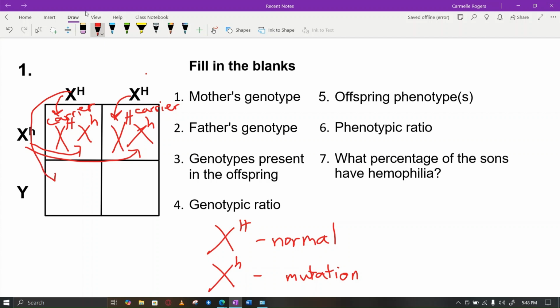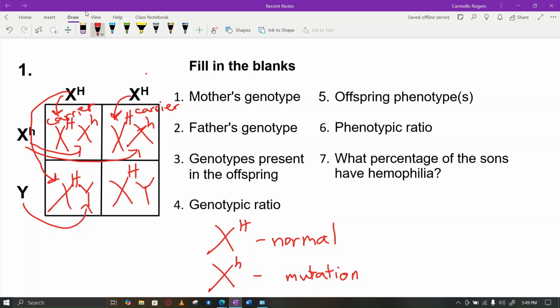Uppercase H, or normal H, from the mother, and then a Y from the father. So this is a normal male. And then the last individual, we get the normal X from the mother, and then a Y from the father.